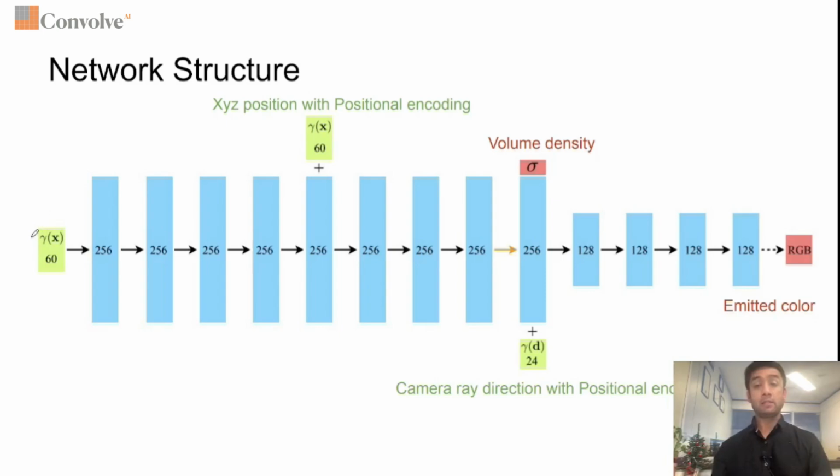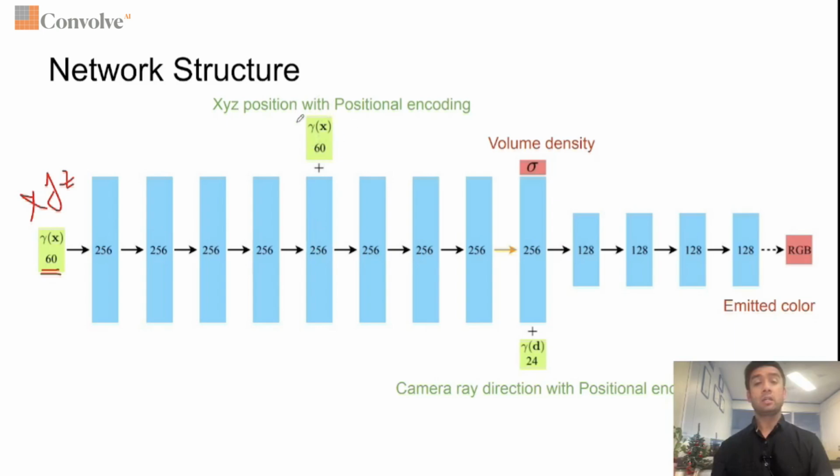But in the first stage of the network it is just x, y and z, but you see that it's written 60 here, right? It's said that it's 60 dimensional. The reason is that these 3 dimensions are mapped into a 60 dimensional vector using positional encoding. So you put it through 256, 256, 256. So this is the size of the hidden layers.